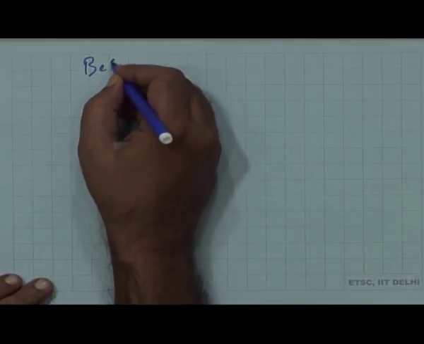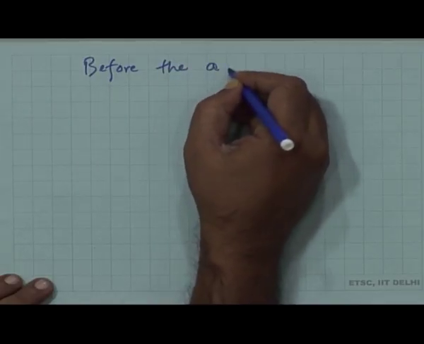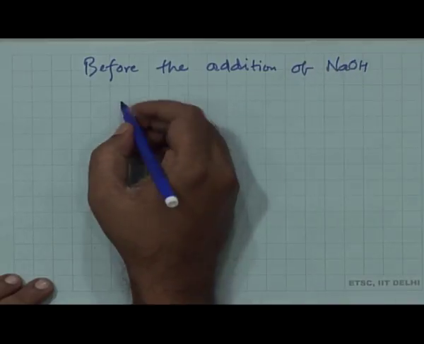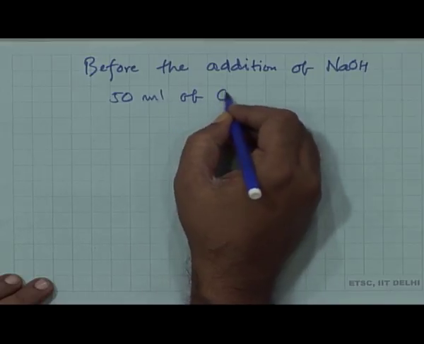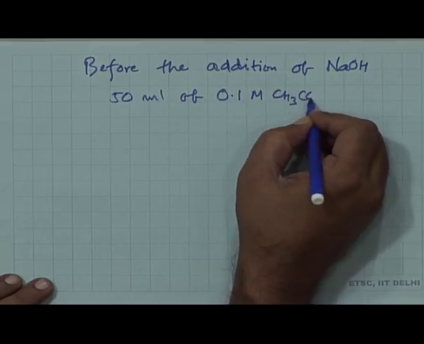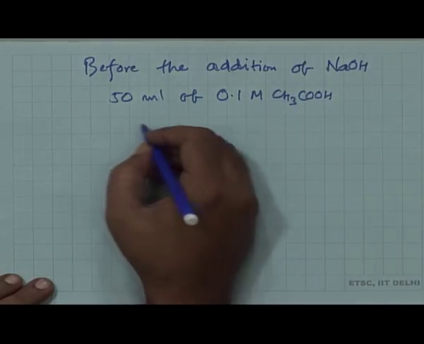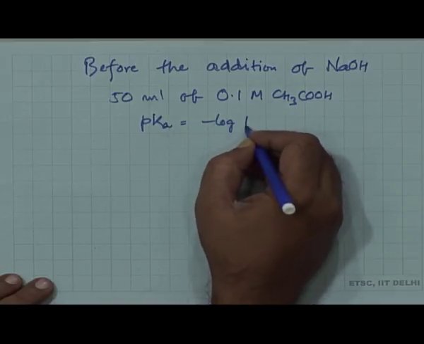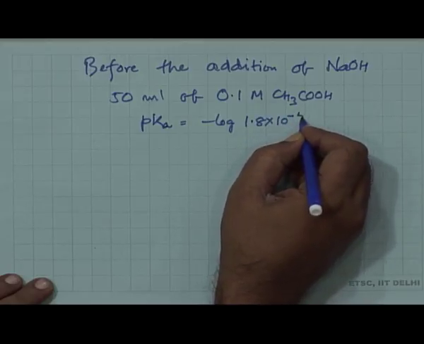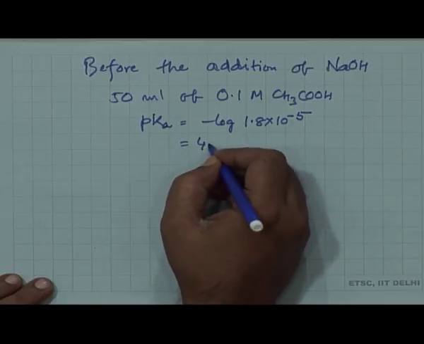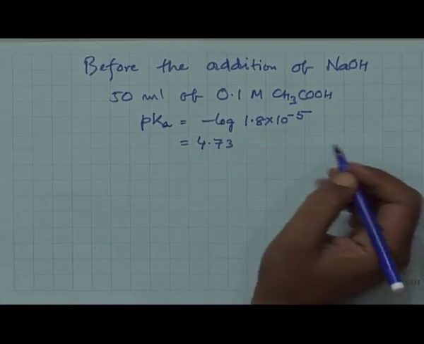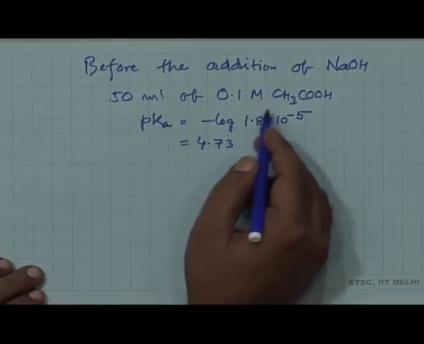Before the addition of NaOH, we have 50 ml of 0.1 molar acetic acid solution, and we know that pKa is equal to minus log of 1.8 into 10 to the power minus 5, which is almost equal to 4.73. How can we calculate the pH of this?